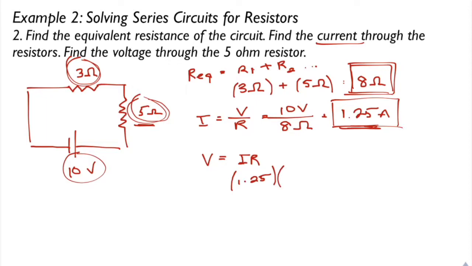And if we're looking for the 5 ohm resistor, I plug in 5 ohms, and that's going to give me 6.25 volts for that resistor. So that's essentially what you need to know for a series circuit.